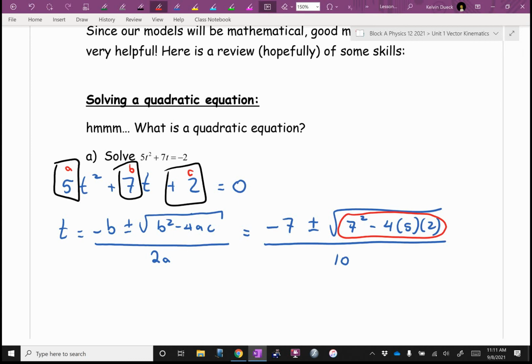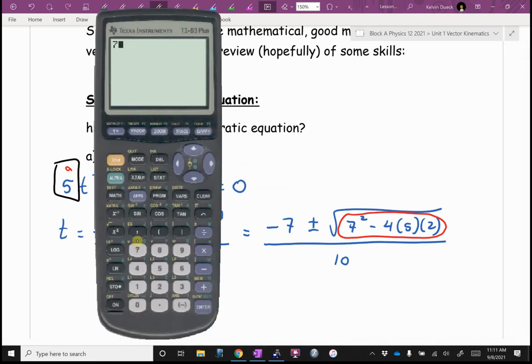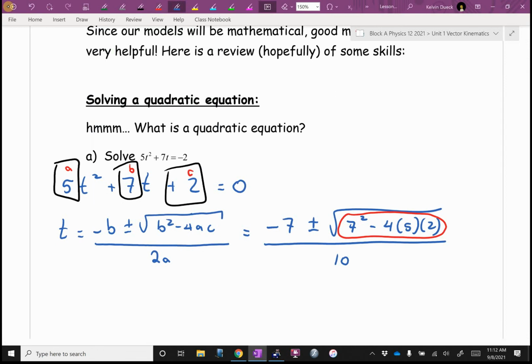I'm not going to be fussy about that in Physics 12, but I would often go to my calculator and just go, okay, 7 squared minus 4 times 5 times 2. Oh, 9. And so I might write on the next line, negative 7 plus or minus root 9 over 10.